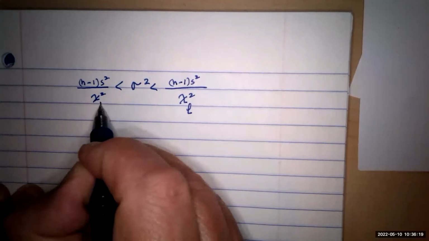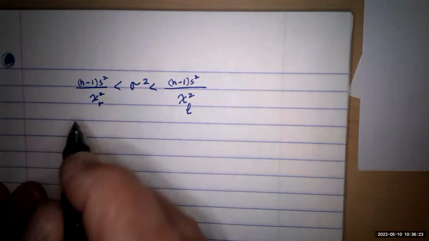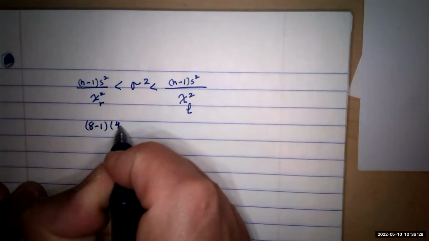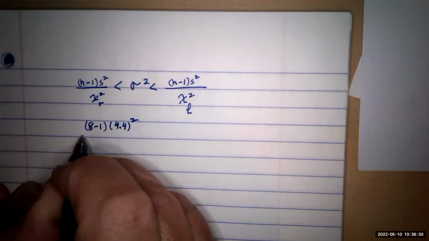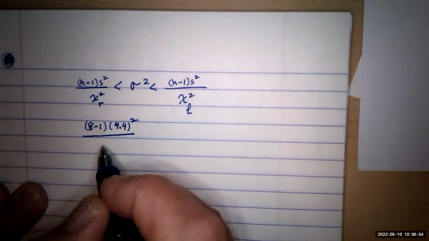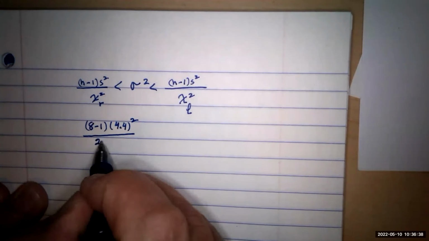We go to the right. Now we substitute. n was 8, so that gives 8 minus 1 times s squared, which is 4.5 squared, divided by the chi squared to the right. The chi squared to the right, the bigger number, is 20.278.